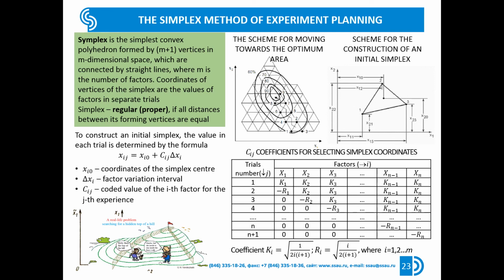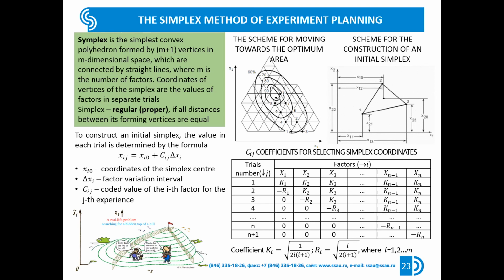In the two-factor space, m+1 = 3, the simplex is any triangle. In the three-factor, three-dimensional space, it is a tetrahedron, etc. A simplex is called regular if all distances between its forming vertices are equal: equilateral triangle, regular tetrahedron, etc.